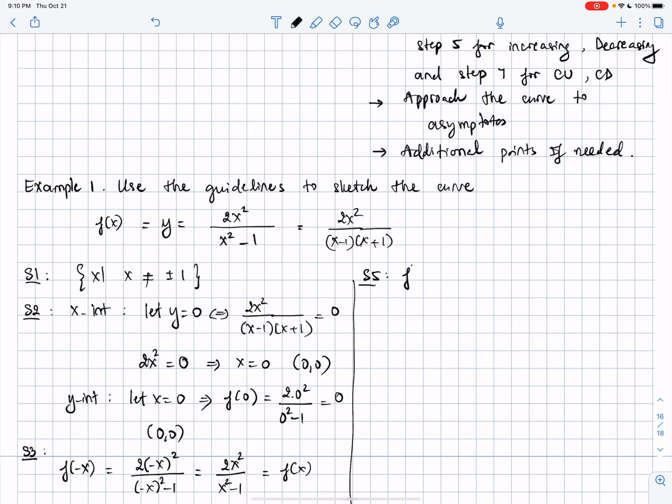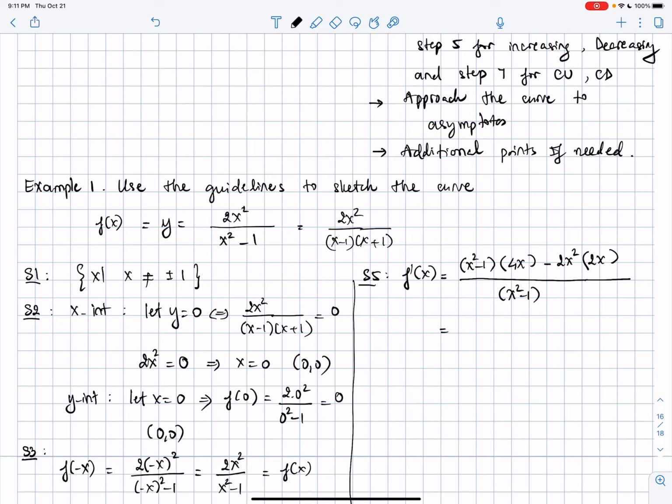First of all, we take the first derivative. So g of x times f prime, so it will be 4x, minus f of x, 2x squared, and g prime is 2x, then divided by x squared minus 1.